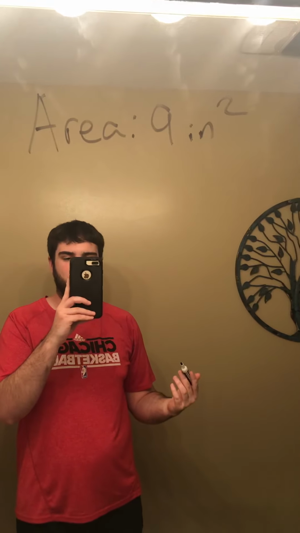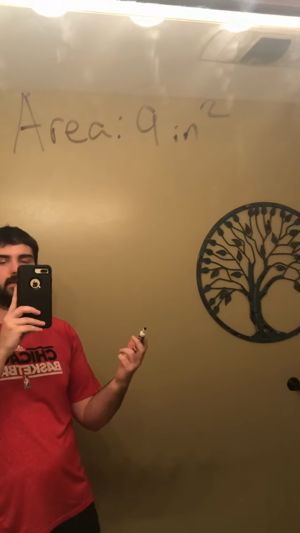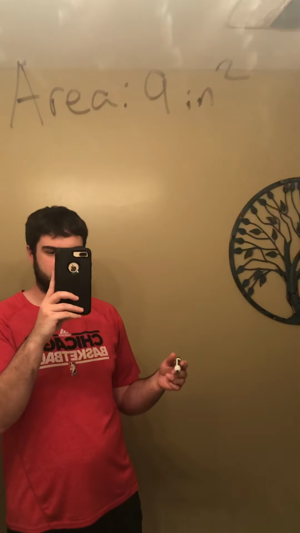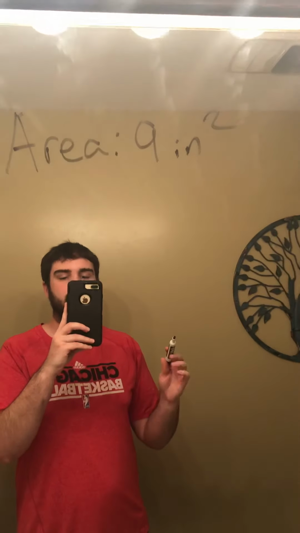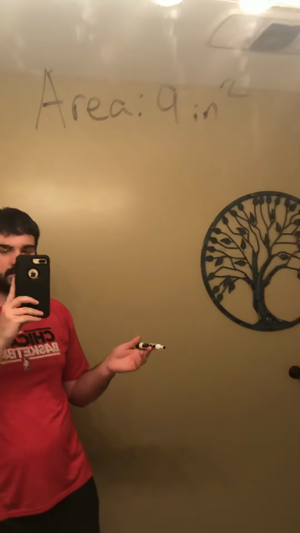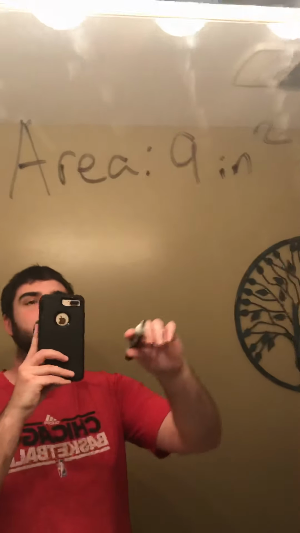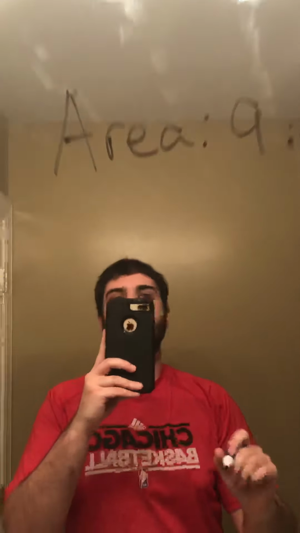And you want to know what the circumference is just from knowing this. What you have to do first is find out what the radius is. You have to know what the radius is because to get the area, you have to find your radius and then square it. So, I just about fell there. Alright, so you have 9 inches squared as your area.